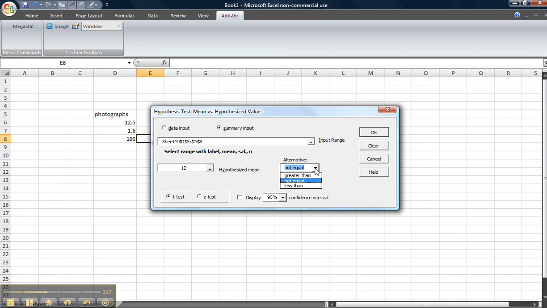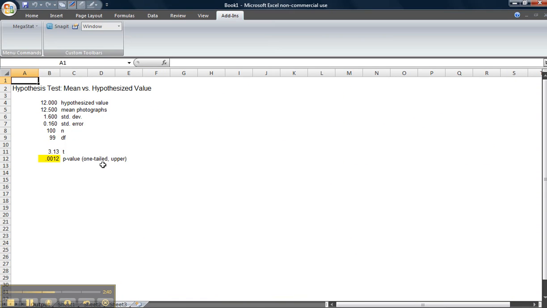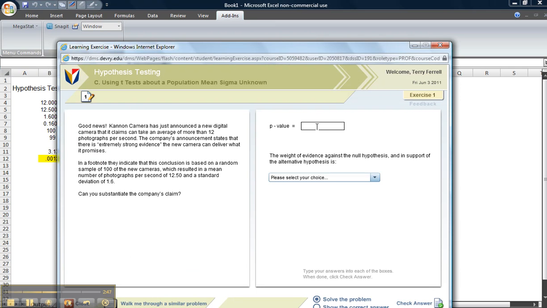Your alternative is going to be greater than, because you're trying to test whether the sample will provide evidence that it is greater than the mean. And it's going to be a t-test because the standard deviation is unknown. Click OK, and this should give me my p-value. My p-value is 0.0012. Now I go back and type in my p-value, 0.0012.